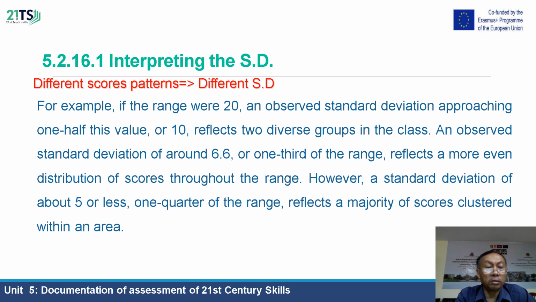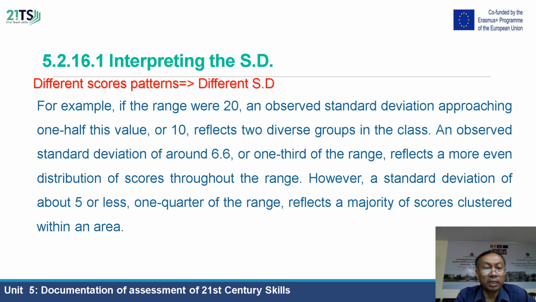Here you should know that different score patterns mean different standard deviation values. For example, if the range were 20, an observed standard deviation approaching 1/2 of this, or 10, reflects two diverse groups in the class.